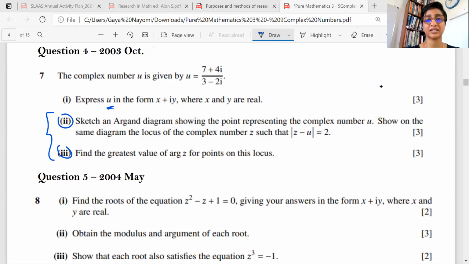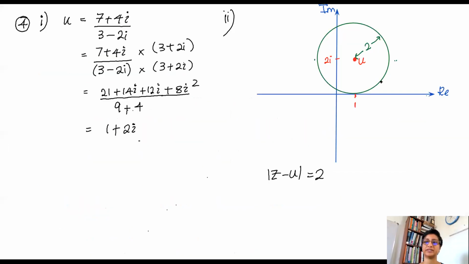Which z on this circle would have the largest argument? Largest argument.